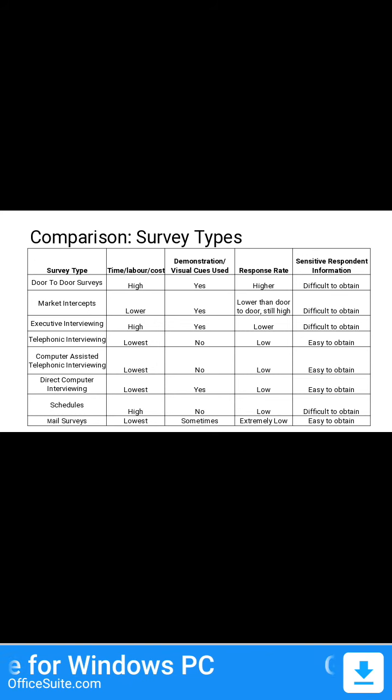How much time, cost and labor is going to be spent on a particular survey type? Please understand, if you are going for face-to-face interaction, if you are going to the respondent's place of residence, naturally it is going to cost you more time, and it is going to be costlier for you also, and you would require more number of people helping you out also.